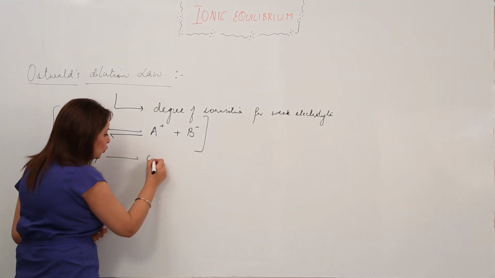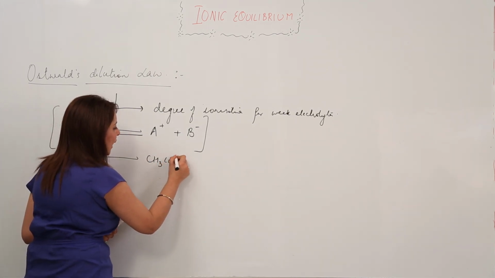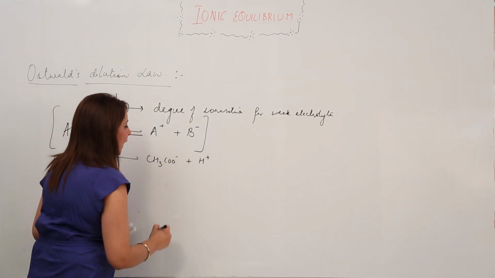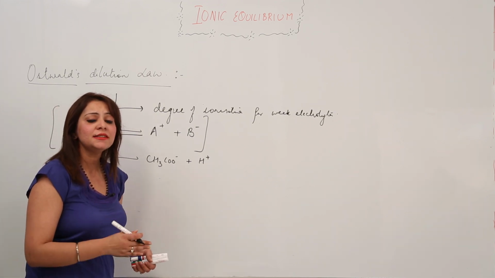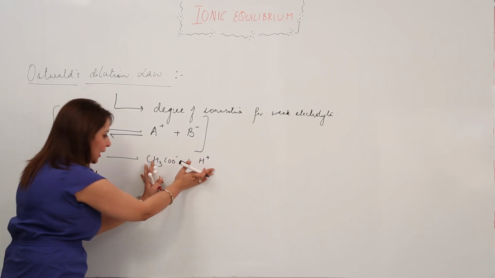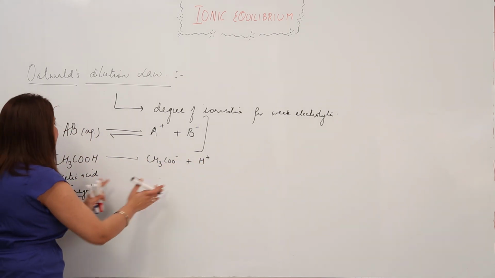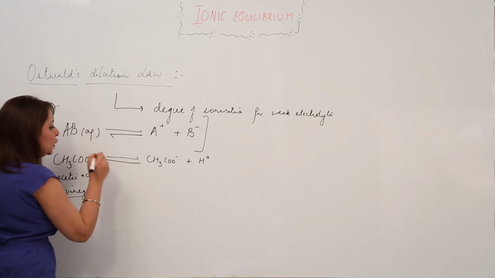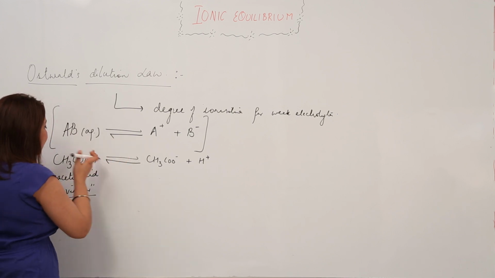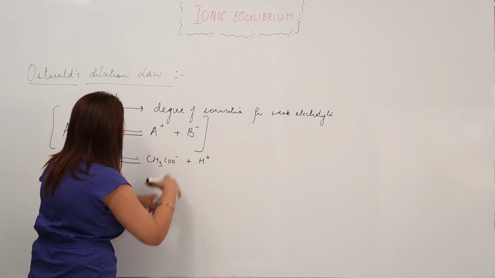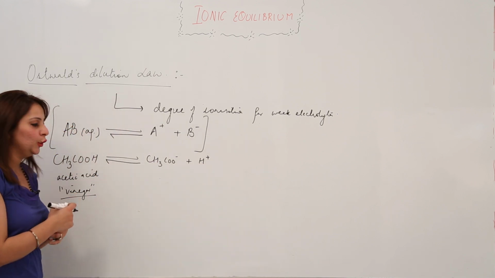That means it gets dissociated into acetate ion and hydrogen ion, but it does not get completely dissociated. So there exists an equilibrium between the ions and the unionized molecules. I indicate this by the reversible sign, which means they can also reunite to form the unionized molecule.